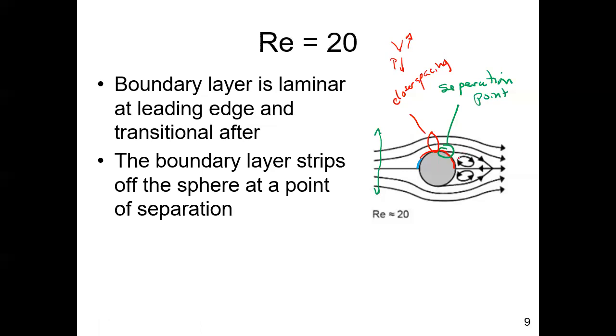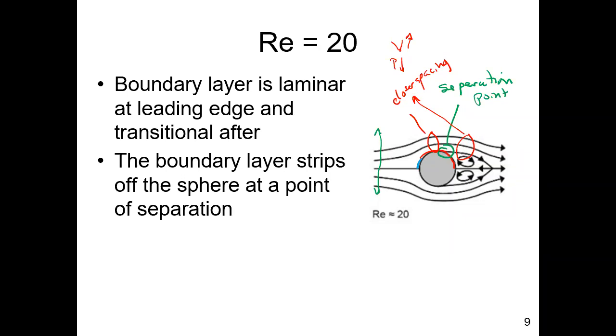And then when you get past the point of separation, you still have that closer spacing. So the point of separation occurs where the boundary layer is unable to keep telling the rest of the fluid there's this solid boundary down there. And when it's unable to do that anymore, it's a molecular momentum exchange issue.